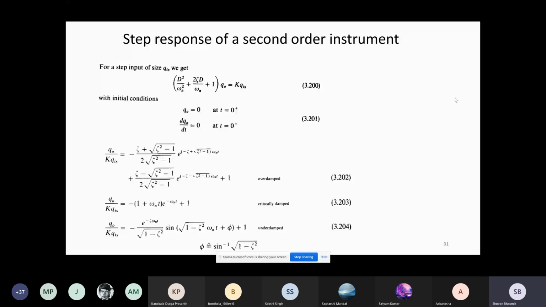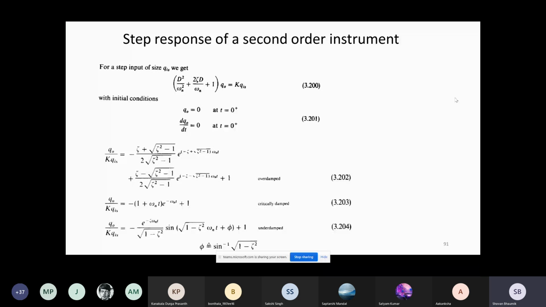So we need to solve this differential equation either in the time domain, or in the Laplace domain or frequency domain. If we solve in the time domain, that is also highly possible. There are two initial conditions. At t equals 0, the starting point, we don't have any output because the input is also 0, so q0 will be equal to 0. This is the first initial condition.